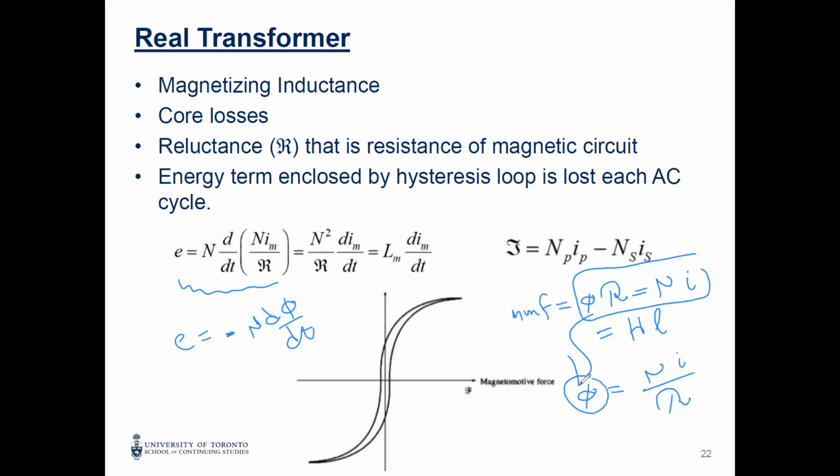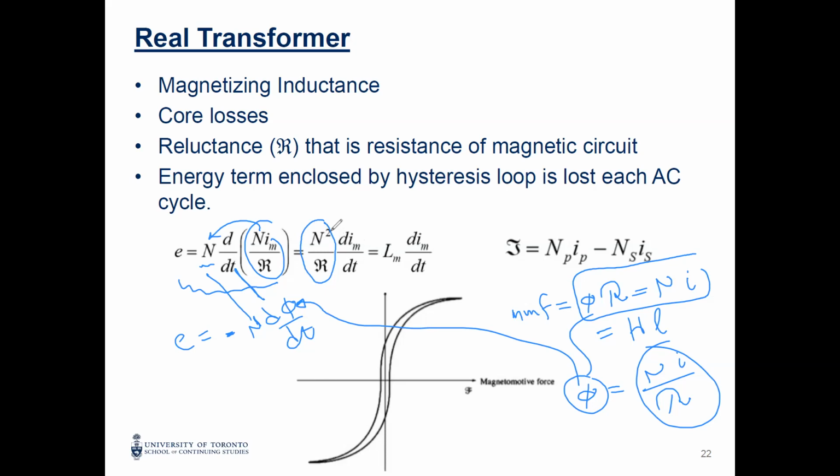Then substitute here for the flux, you will find N d by dt of N I over R. You can take this N out, so it's N squared over R and di by dt.